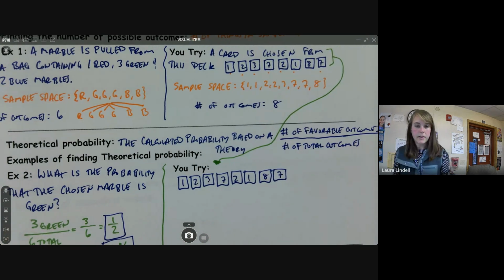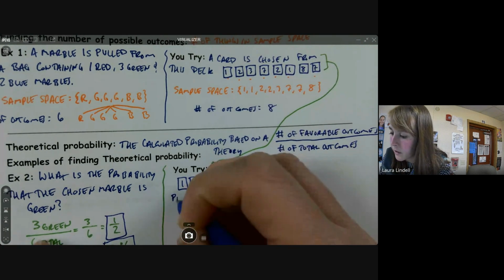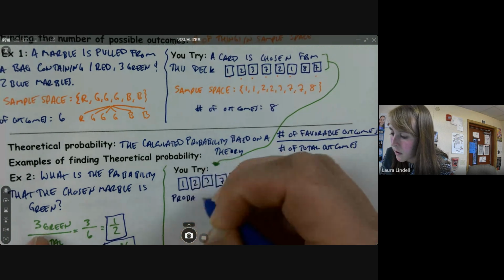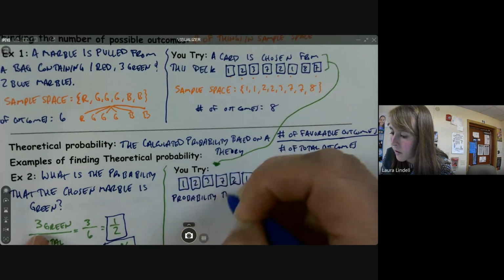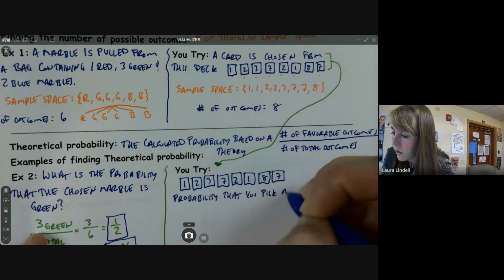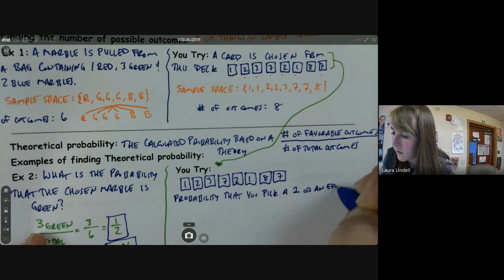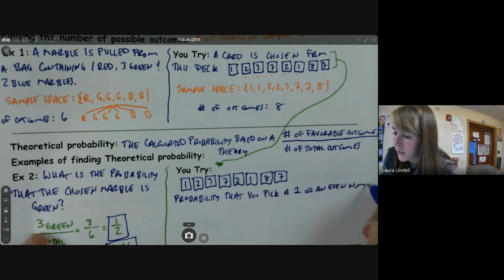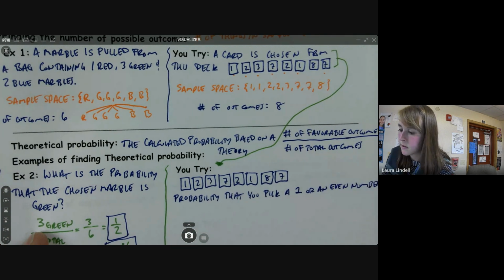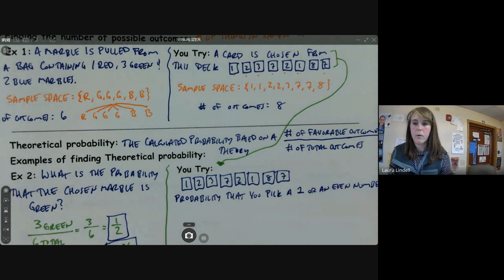And we want to know this time, let's do the probability that it is a 1 or an even number. We want probability that we pick a 1 or an even number.